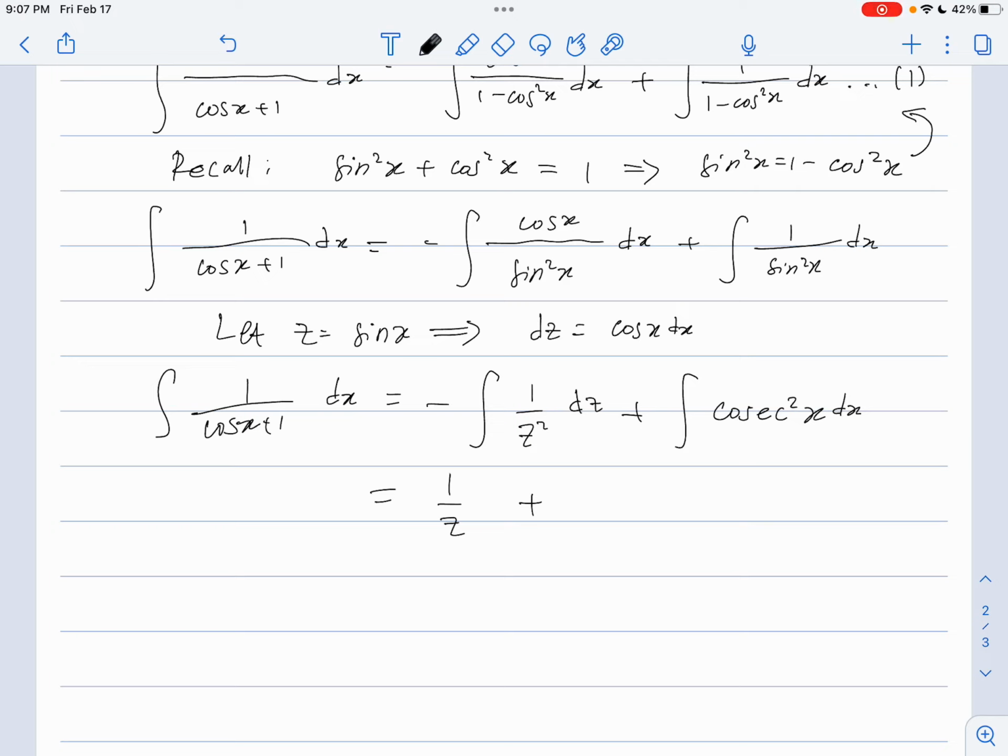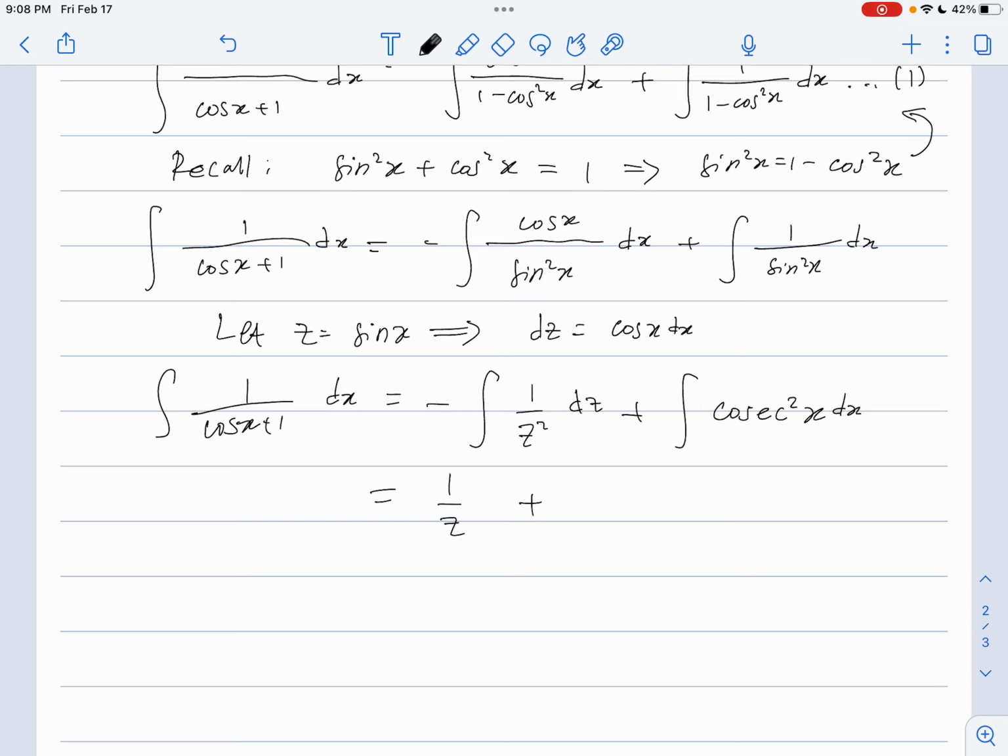There is a formula that states that the derivative of cotangent x is equal to negative cosecant squared x. That means that the integral of cosecant squared x is equal to negative cotangent x.